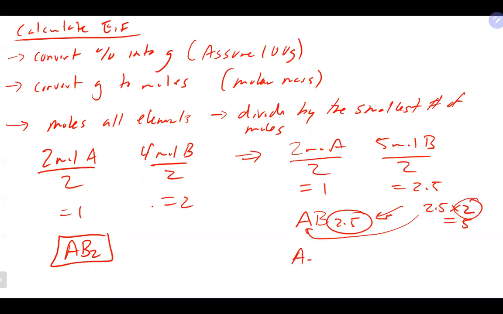That would give us A2B5 as our proper empirical formula. So remember, when you're calculating empirical formula, especially textbook type problems, exam type problems, you pretty much need to be super close to that whole number in order to round. But if you're definitely not really right on it, you need to find a factor to multiply everybody by. Any questions on that there?